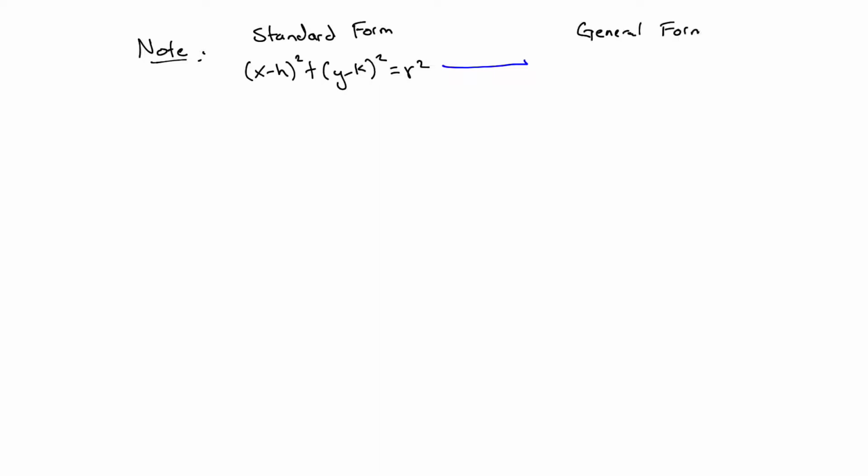So if we're in standard form, which once again is x minus h squared plus y minus k squared equals r squared, where h comma k is the center and r is the radius. Let's use blue. And here's general form, which is x squared plus y squared plus ax plus by plus c equals 0.